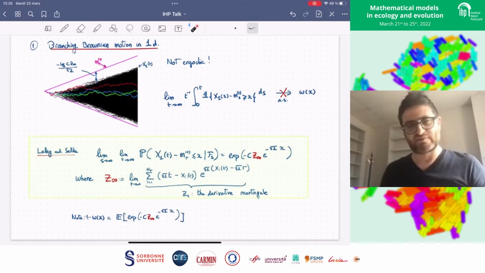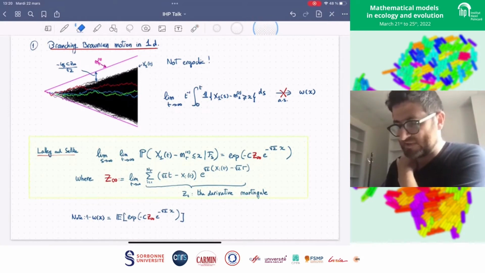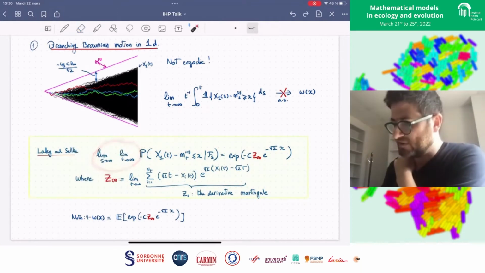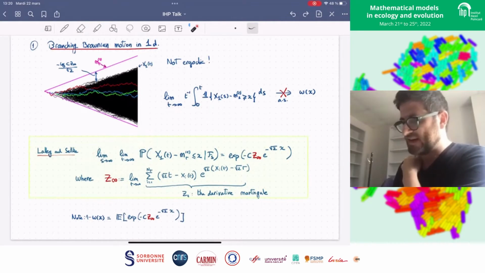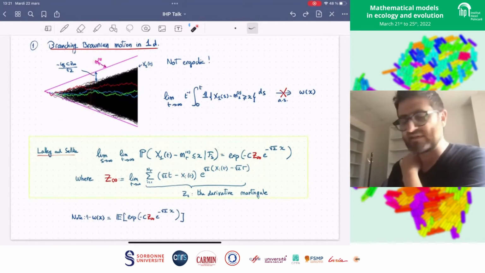This was formalized in a famous result by Lalley and Sellke in '87. The way they wrote it was through this double limit. You look at the probability that at time t, the maximal displacement is below, say, m_t plus x, knowing F_s. F_s is just the whole information up until time s in your branching process.